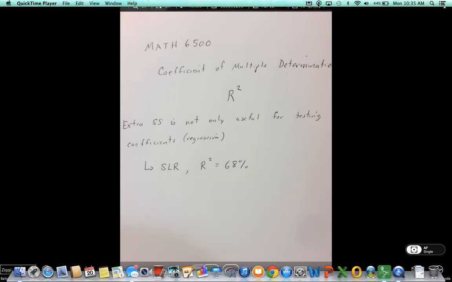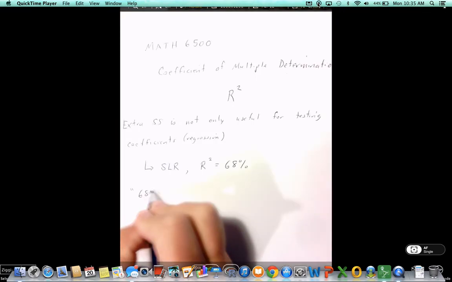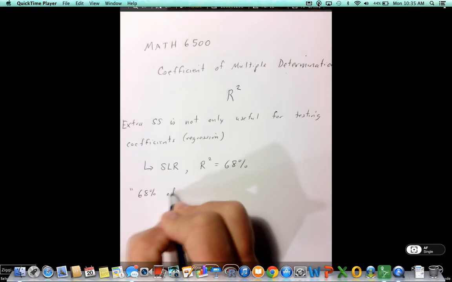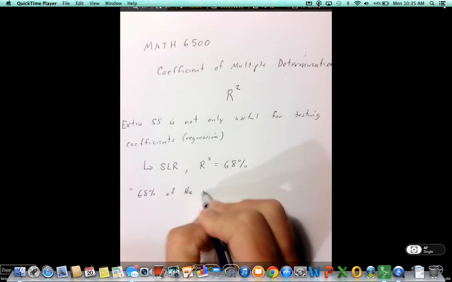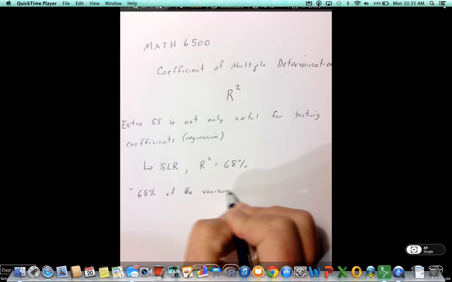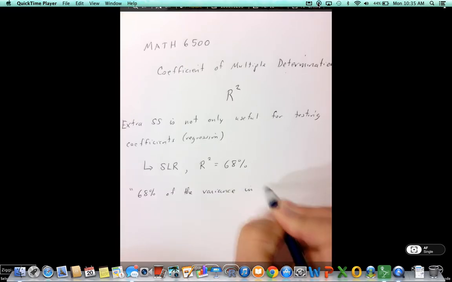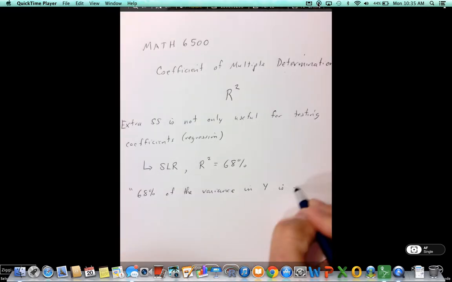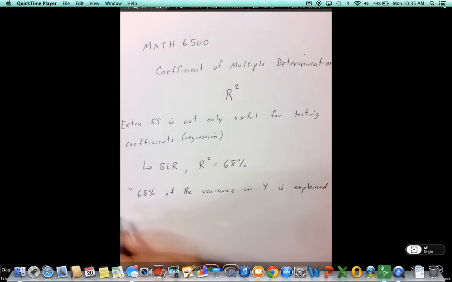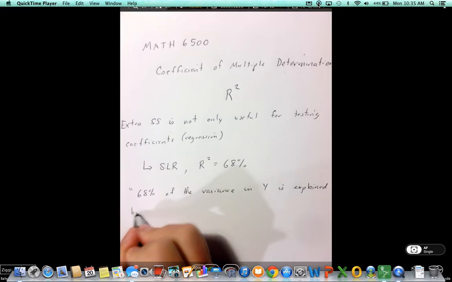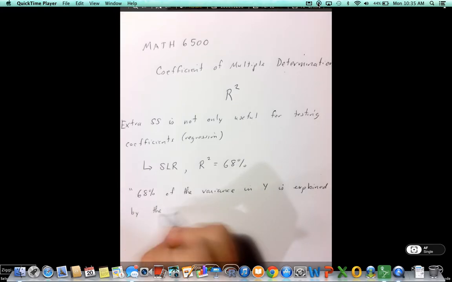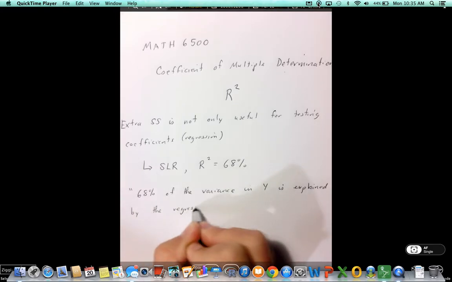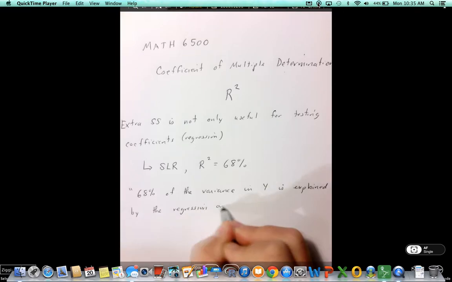Well, what we would say here, if R squared is 68%, is that 68% of the variance in y is explained by the regression on x1.